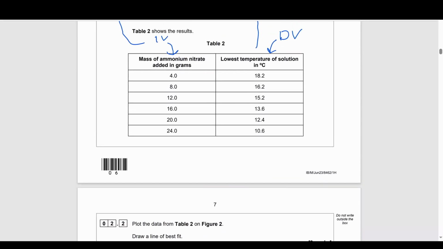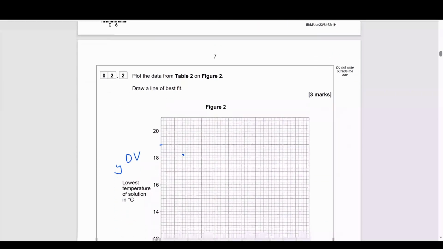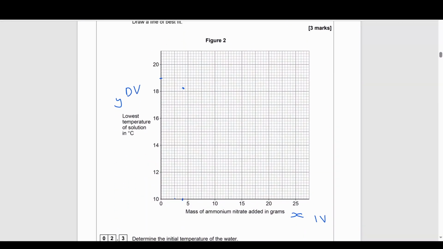Next one, 8.0 is our mass of ammonium nitrate, and 16.2 is our lowest temperature. So finding 8 now. Middle between 5 and 10 is 7.5. So 8 will be here. So finding 16.2 now. Going up, 16.2 should be here.